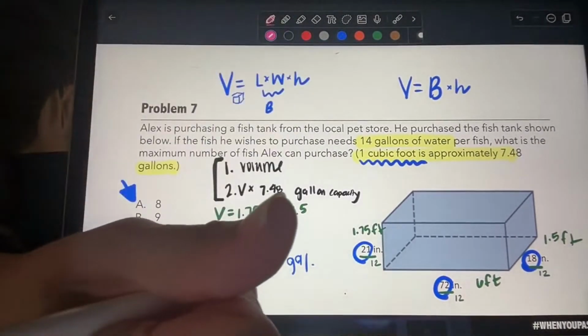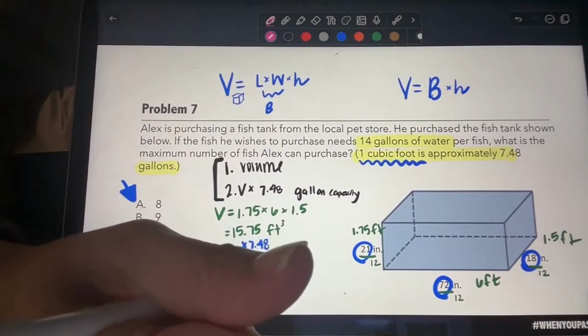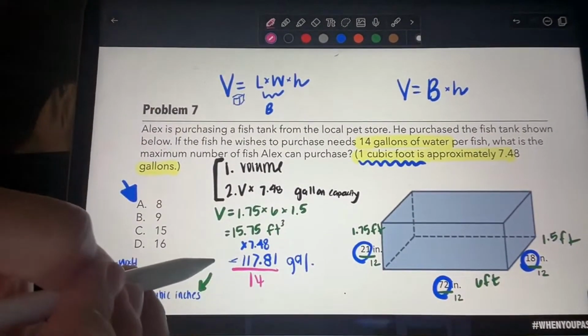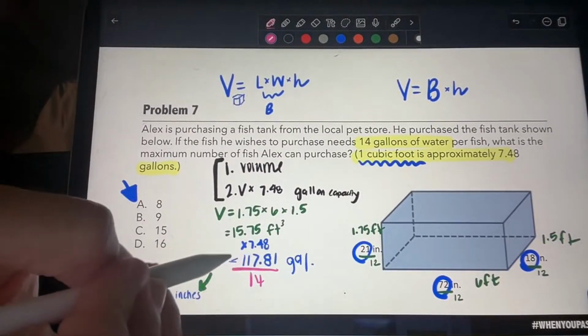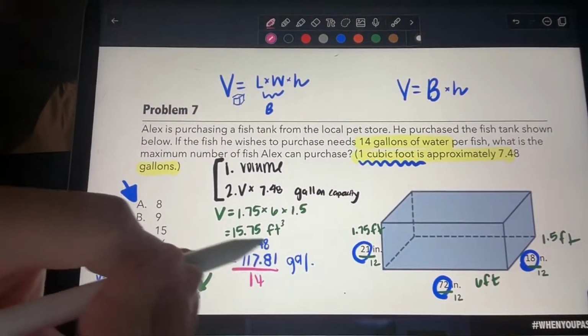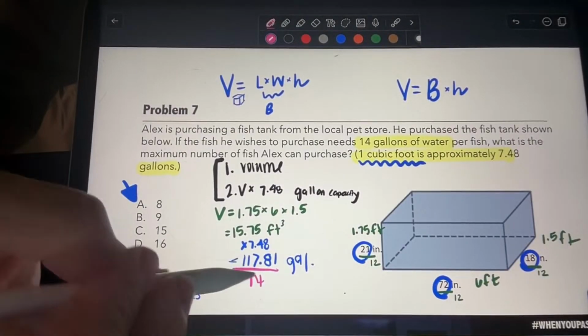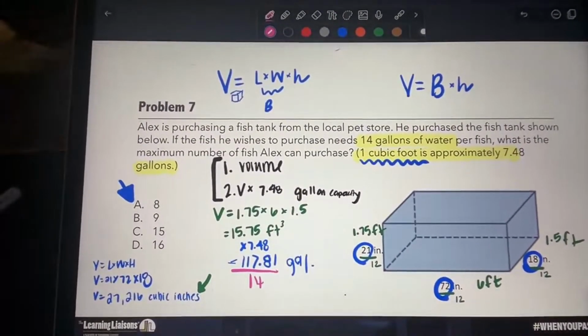You say, why are you dividing that by 14? Because each fish needs 14 gallons. So I need to figure out how many sections of 14 gallons are in here so that I can figure out how many fish I'm going to be purchasing.